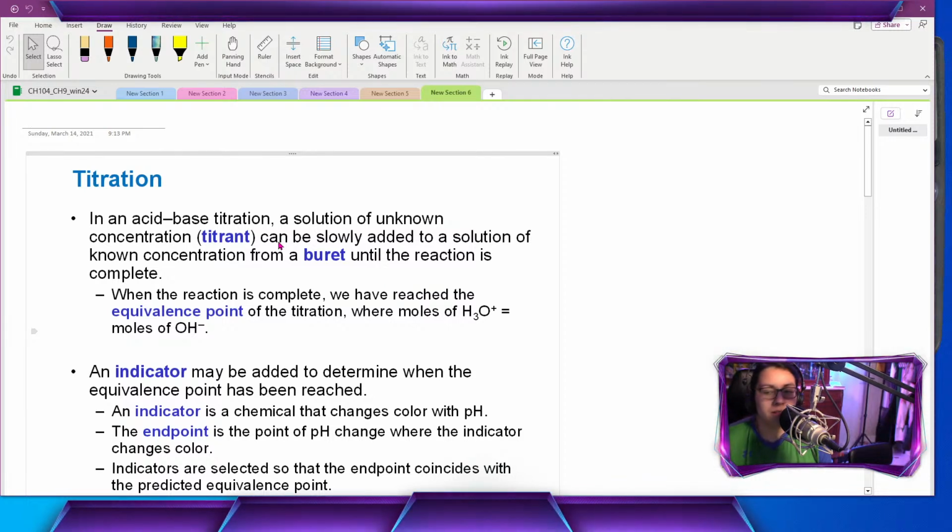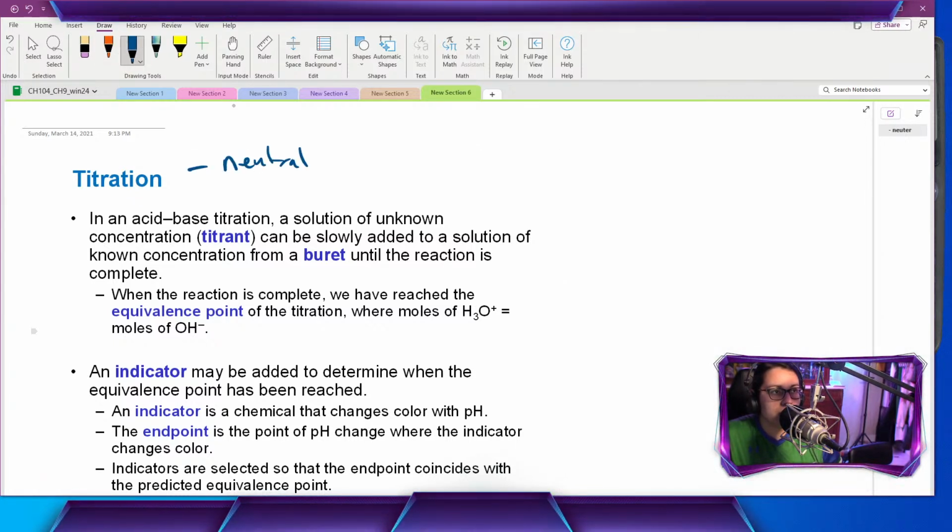And now we kind of have this as more of a formality because we've seen the steps leading up to this. We talked about double displacement reactions, and then that double displacement kind of turned into neutralization. And so now this is essentially what a titration is: we're doing a neutralization reaction, and then we're going to use different indicators to tell us when we've reached our desired endpoint, and that helps us calculate different things.